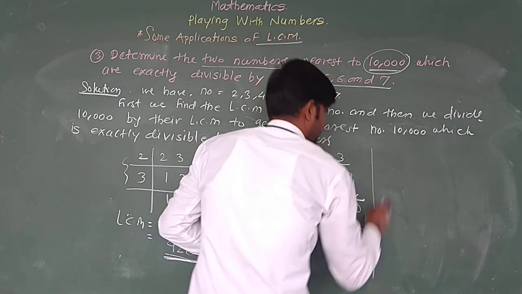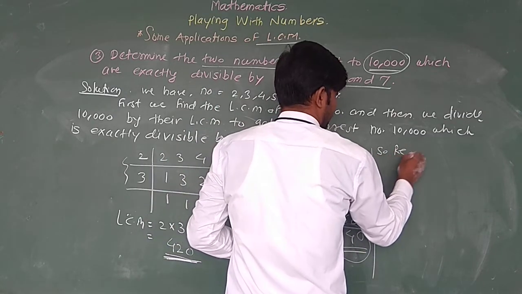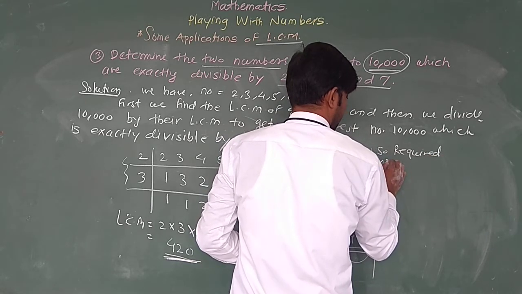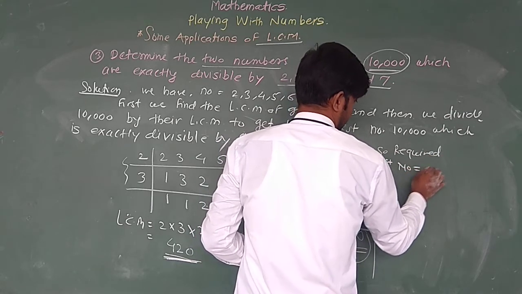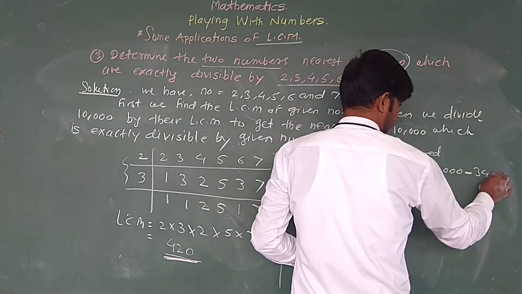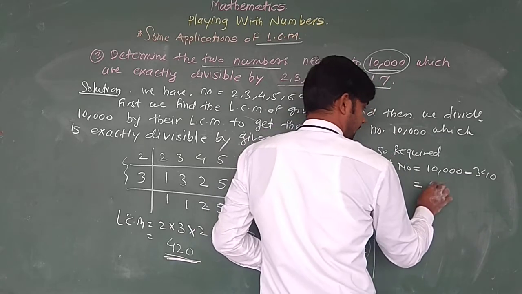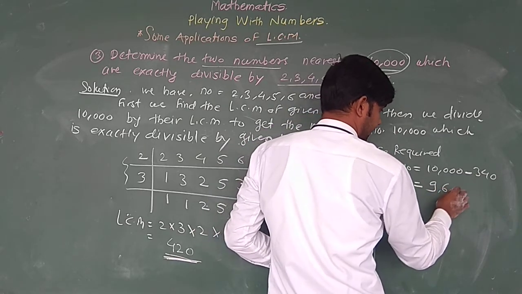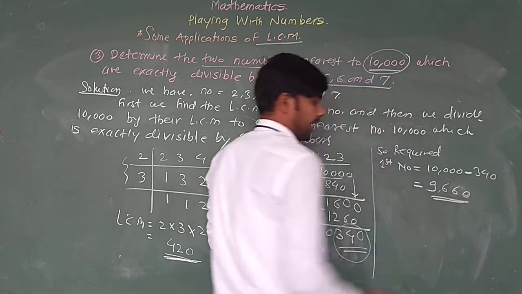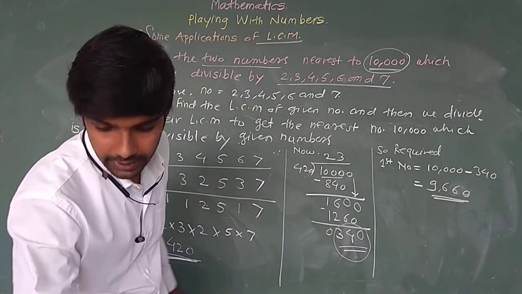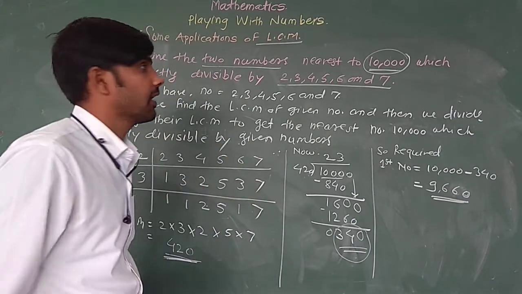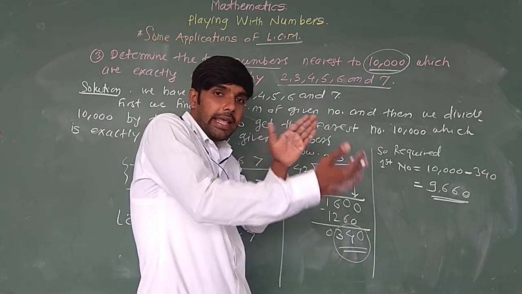So you write here: the required first number is equal to 10,000 minus 340, which is 9,660. This 9,660 is the first number which is nearest to 10,000, and it is less than 10,000.